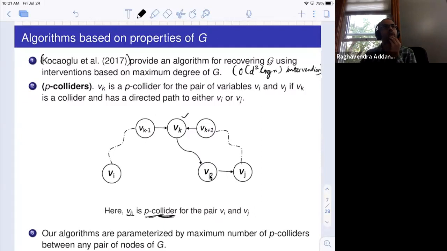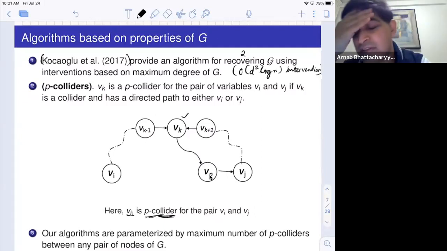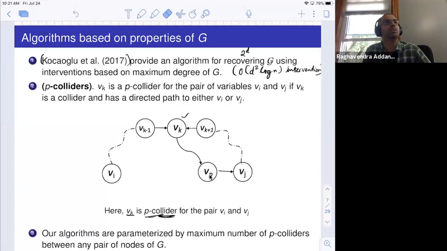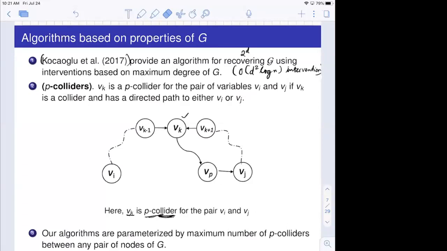For us, we needed another algorithm because we also needed efficient sample complexity. For efficient sample complexity, we could get 2 to the d log n. So not only recover, but also learn the distributions. I'll take a look at it. Just to add to that, I think the 2 to the d comes from the fact that we need to intervene on every possible assignment to the parents. But in a CI test, I think that's not required, so the 2 to the d can be avoided.